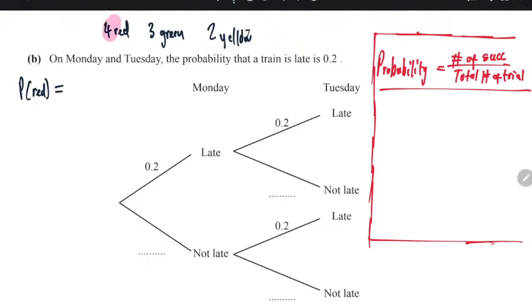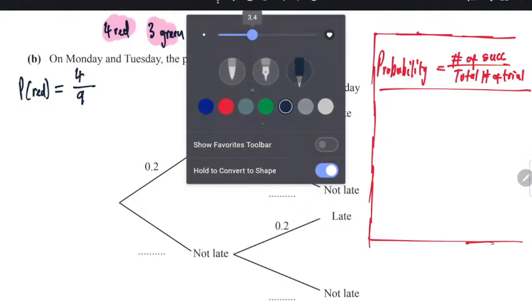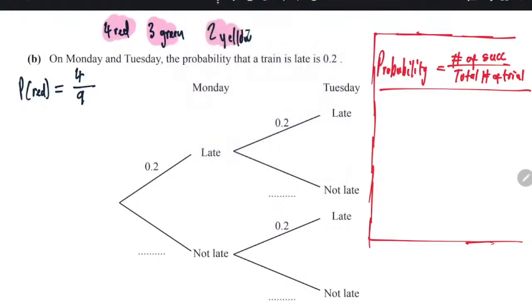How many red are there? We have 4 red. Over what's the total? 4 plus 3 plus 2. That's 9. This is the probability of red. It's the number of red over the total. Do you see the first way of getting probability? The number for that thing over the total.